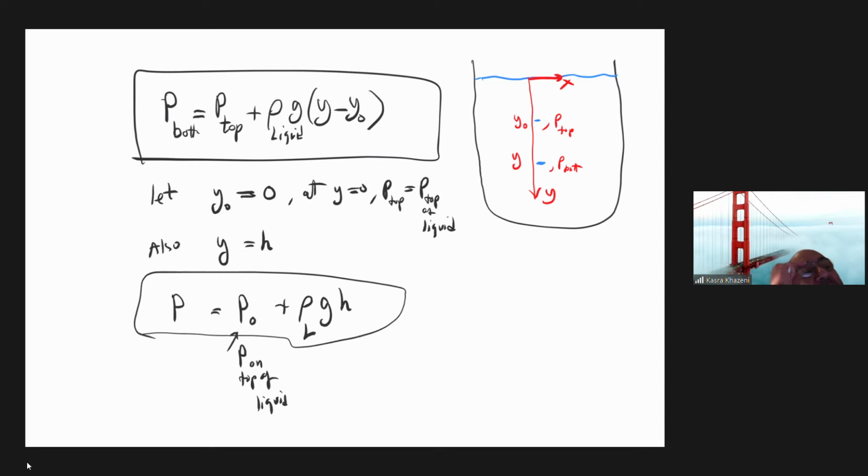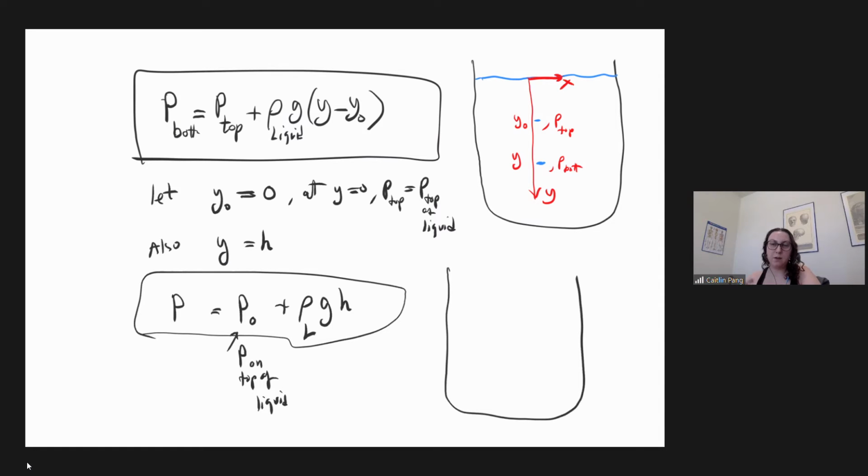So now I have a much better equation to deal with. It tells me that pressure at any depth h in a liquid, in a gravitational field, is equal to the pressure at the very top of the liquid plus this thing called rho g h. Any questions?